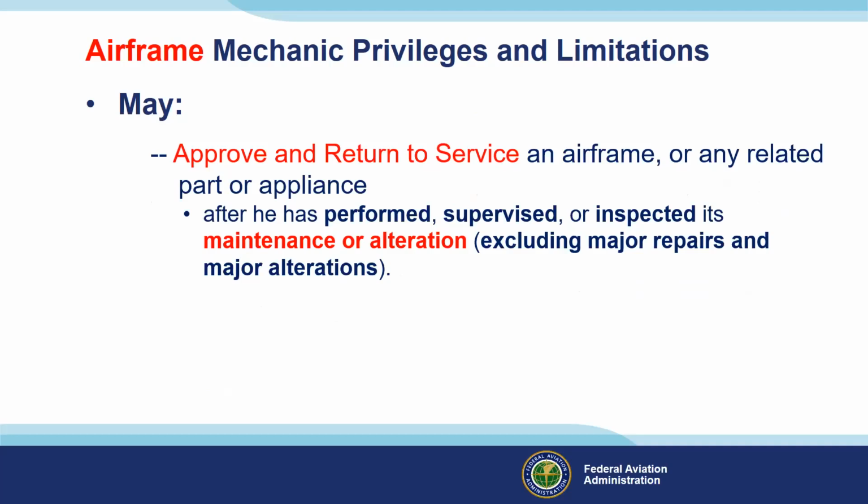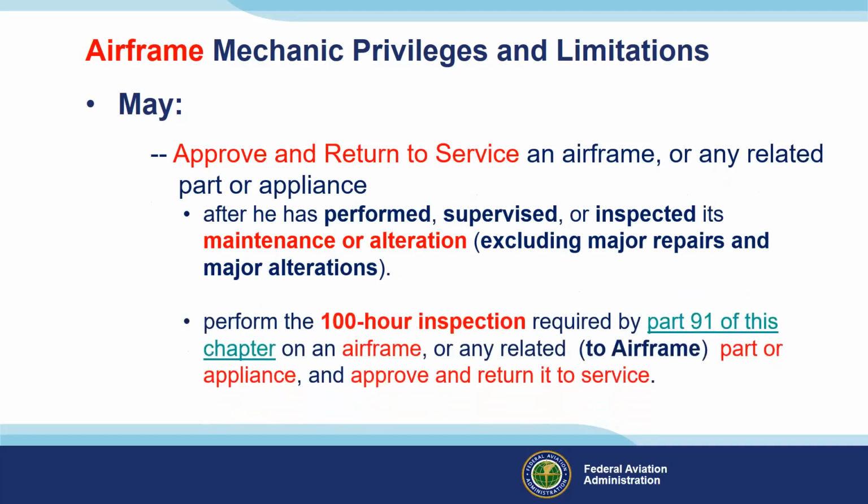After he has performed, supervised, or inspected its maintenance or alteration, but you cannot do a major repair or alteration. And you can perform the 100-hour inspection required by Part 91 on an airframe or related airframe part or appliance, and approve it for return to service.